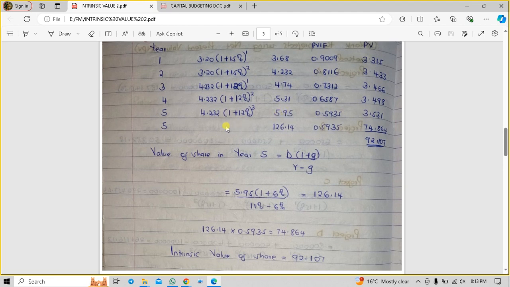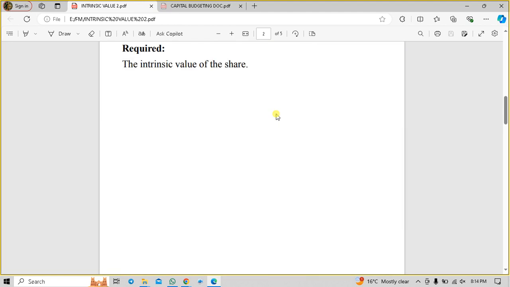We want to calculate the present value for indefinitely using the growth rate of 6%. So we use the same dividend of 5.95 into bracket 1 plus G, the growth rate, 6% indefinitely. So 1 plus 6% over R. R is the rate, 11%, which is the required rate of return.